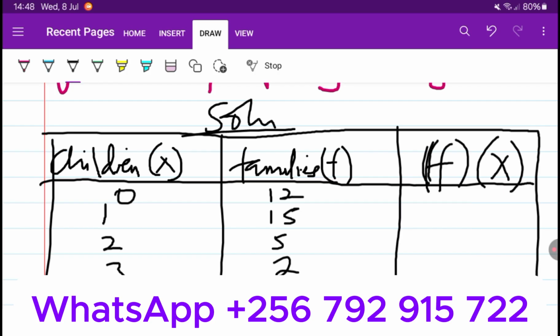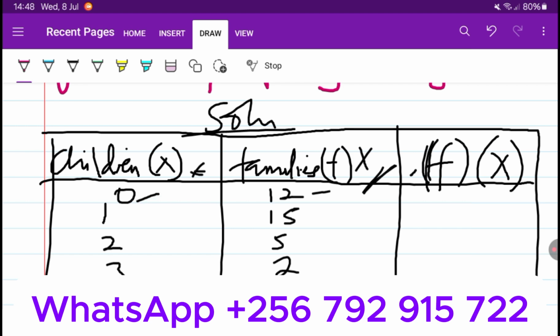So we sum up this column, and then we multiply this times this, and then we sum up the products. So we get 0 times 12, that will give you a 0. Then 1 times 15, that gives you a 15.